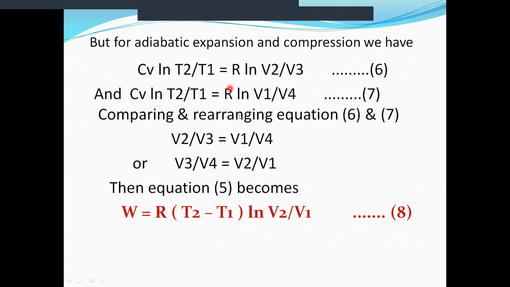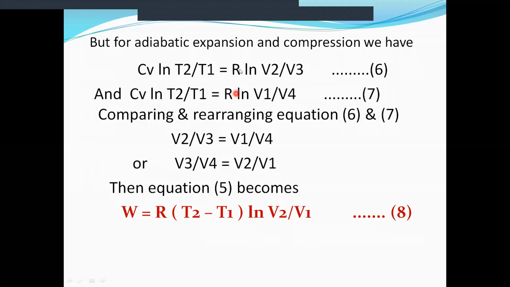See equations 6 and 7. The left hand sides of equations 6 and 7 are the same, that is CV ln T2/T1, and here also CV ln T2/T1. So the left hand sides are equal, so the right hand sides are also equal.